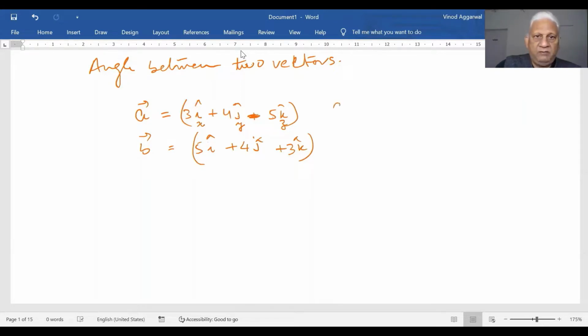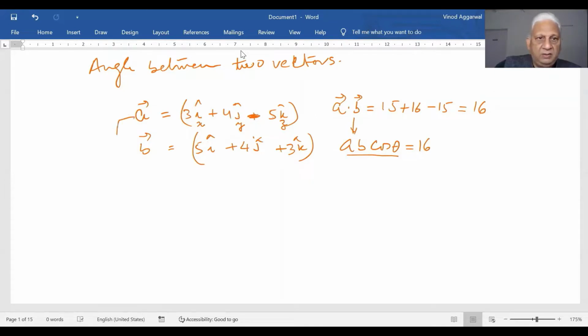Now, when we do A dot B, what will we get? We have seen the formula earlier. We will get 15 plus 16 minus 15, which is equal to 16. And A dot B is AB cos theta, which is 16.